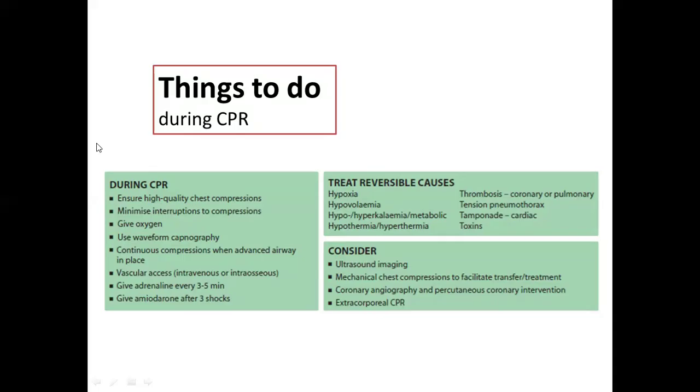High quality chest compressions and minimize interruptions. That means continuous chest compressions as far as possible. And you should give oxygen. And if we are putting capnography, that is better.